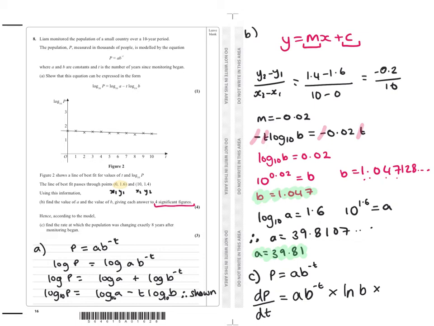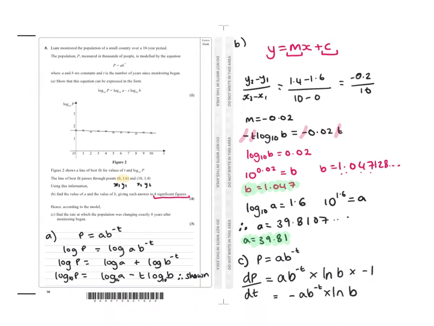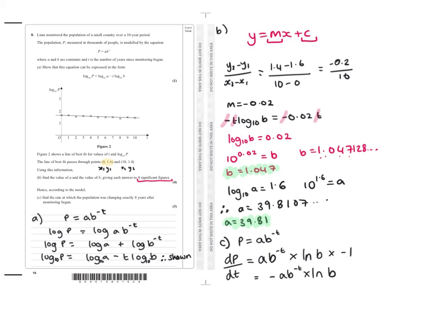If we differentiate that, we get negative 1. So the differential is actually negative ab to the power of minus t times ln b. Now, lucky for us, we've just worked out what a and b are, and we also know what t is, because it says 8 years.